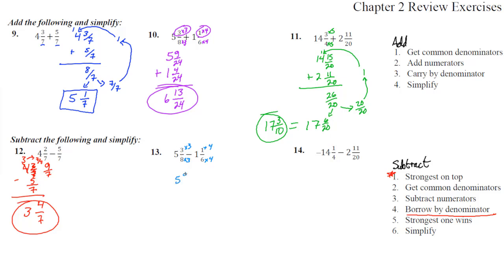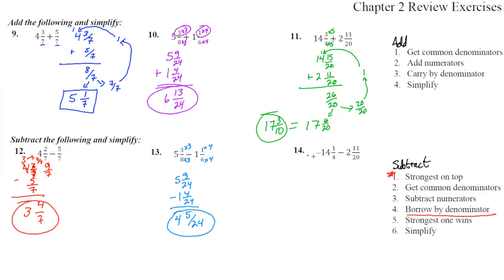So we have 5 9/24 minus 1 4/24. 9 minus 4 is 5/24. And 5 minus 1 is 4. Strongest one wins, so it is a positive number. Got it. Let's make a better circle there. There we go.